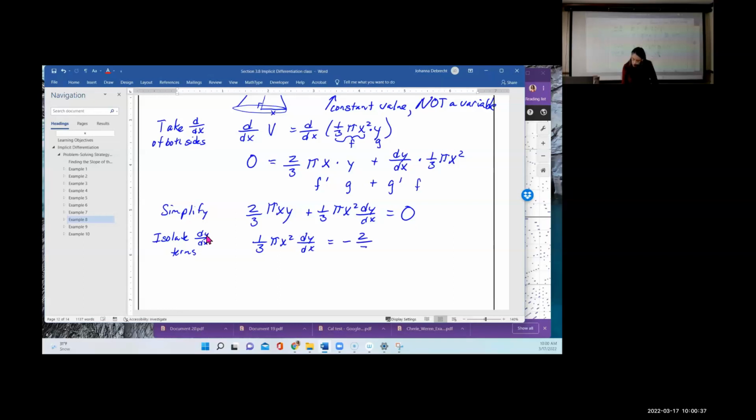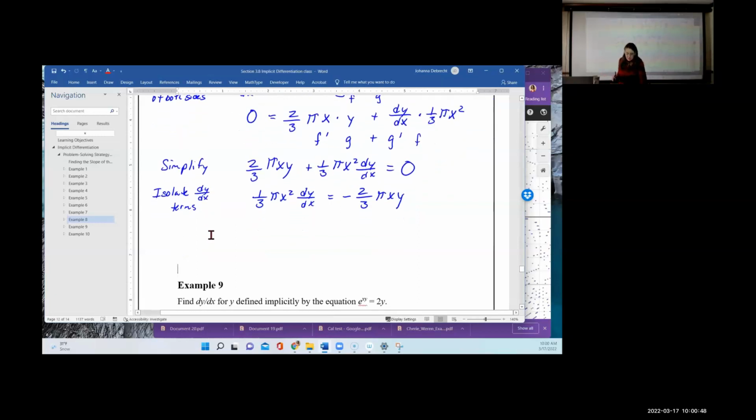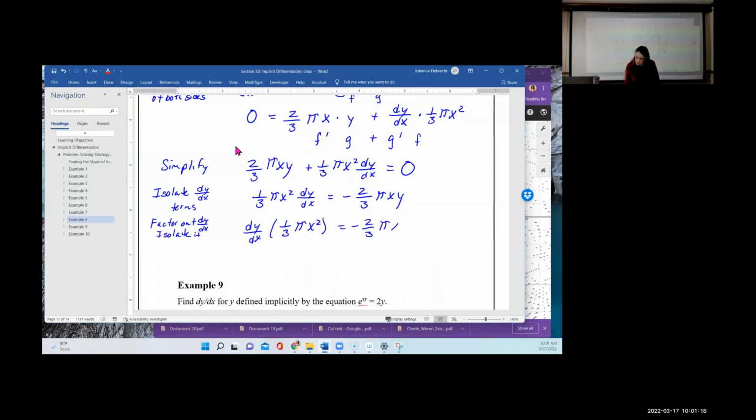When I move the other term to the right side, it becomes negative. So I have negative 2/3 pi xy on the right and 1/3 pi x squared dy/dx on the left. The next thing I want to do is isolate dy/dx by factoring it out. So this gives me dy/dx times 1/3 pi x squared equal to negative 2/3 pi xy.